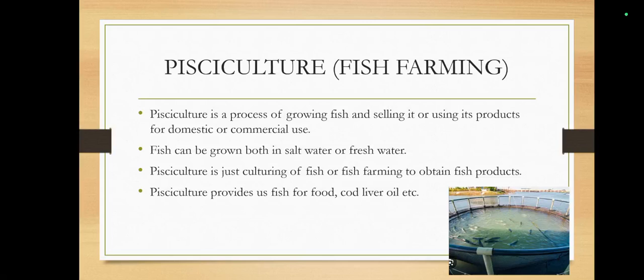Worldwide, the most important fish species produced in fish farming are carp, catfish, salmon, and tilapia.